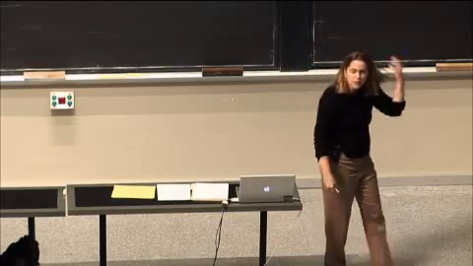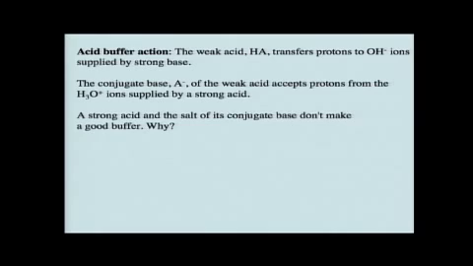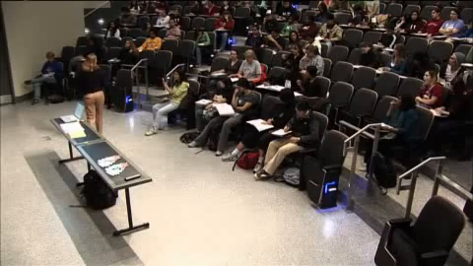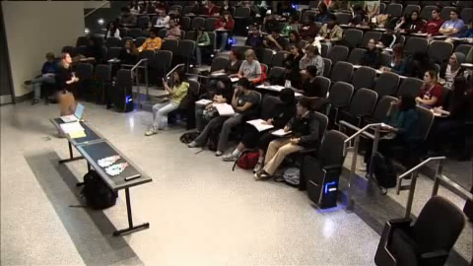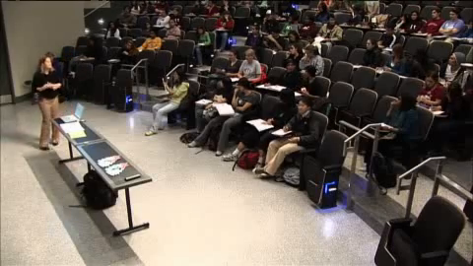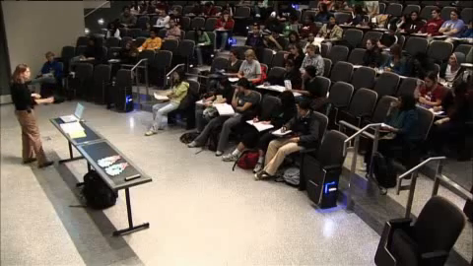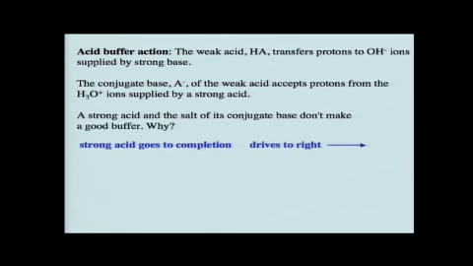So I've been talking about weak acids and weak conjugate bases. So why would a strong acid and the salt of its conjugate base not make a good buffer? What do strong acids do? They dissociate almost completely, and that's not going to do you any good. You want to be able to shift that equation in both directions. So a strong acid goes to completion. It's going to drive it to the right.